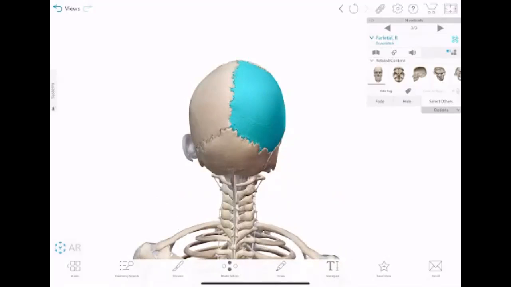So with that, those are the different osteological features of norma verticalis. Okay, so let me know if you have any doubts.